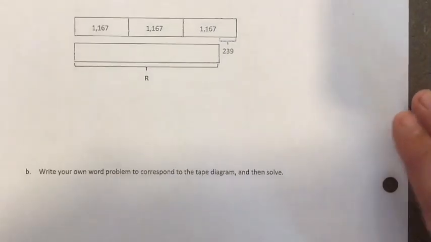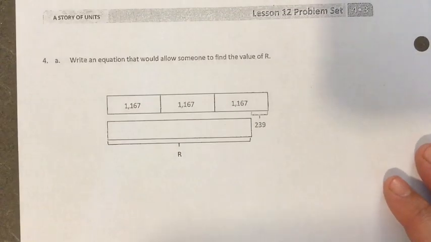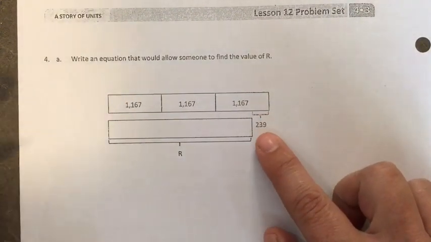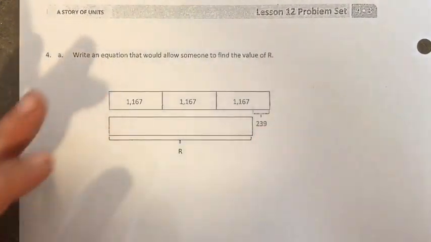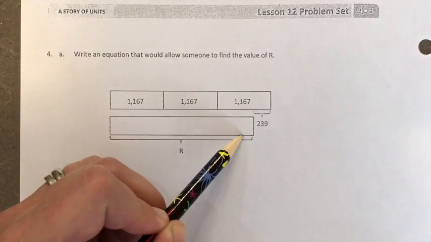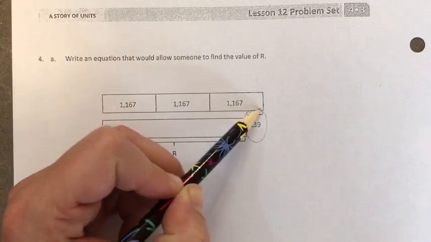Go ahead and take a look right here. Write an equation that would allow someone to find the value of R. All right, so this one, they've set up the tape diagram for you. And believe it or not, they're asking you to write the problem. So what would this be? Looks like this chunk is gone.